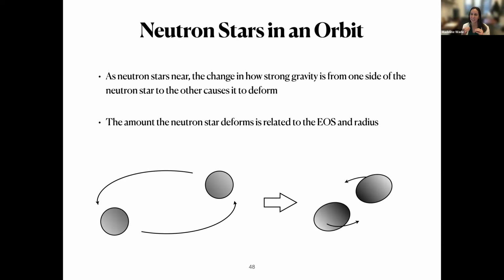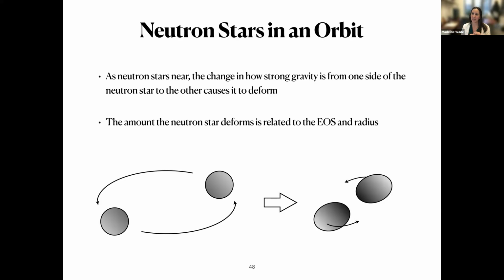And it turns out that the amount that the neutron star squishes is actually related to the equation of state of the neutron star matter, as well as the size of the neutron star. Well, really, the equation of state will tell you the size, which will then tell you how much it's going to squish.